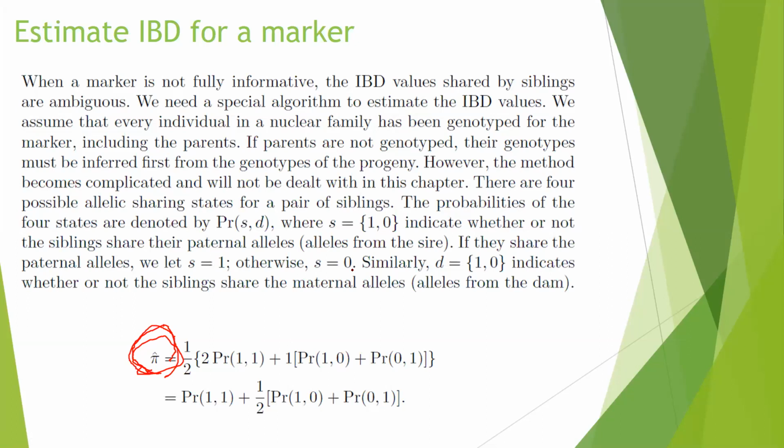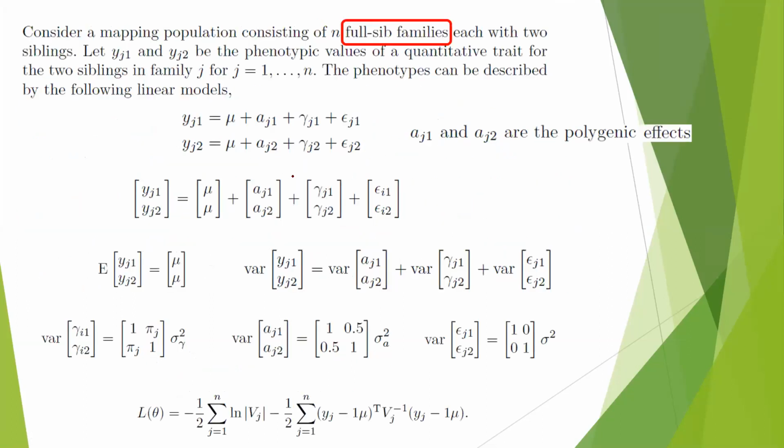All right, suppose we have two sibs here, and we use a very similar regression model, but there's a little bit of difference between this model and the model we used in our previous study. So here, the gamma is the same.